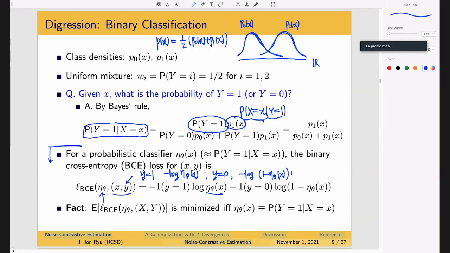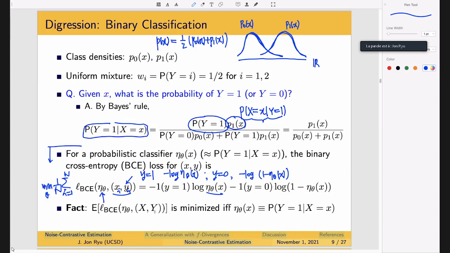And if you are given samples, you're going to add up the empirical losses over the samples, and then minimize this. That is the typical way.